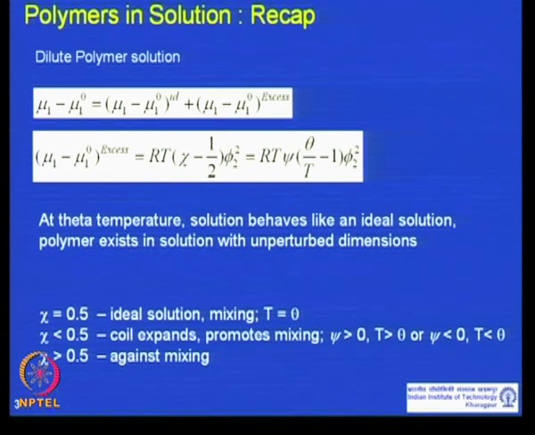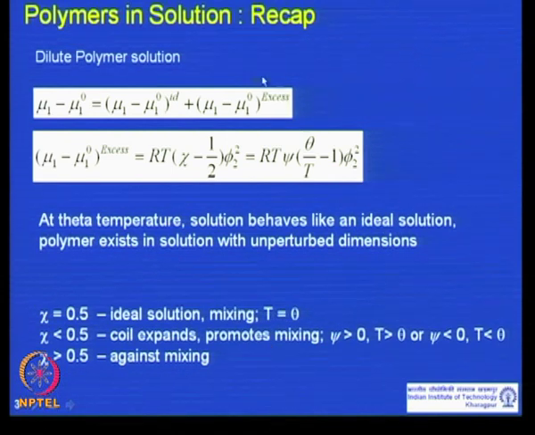Obviously, as I said, at theta temperature the value of the polymer-solvent interaction parameter chi becomes 0.5, so the polymer and solvent behave like an ideal solution. If the value of chi becomes lower than half, then the coil expands in solution, which promotes mixing. Psi, if you recollect, was the entropy parameter.